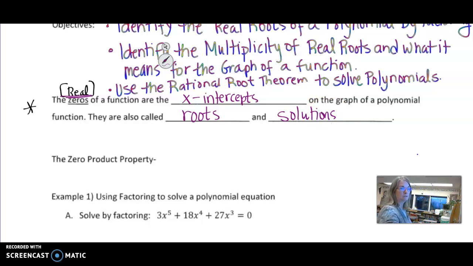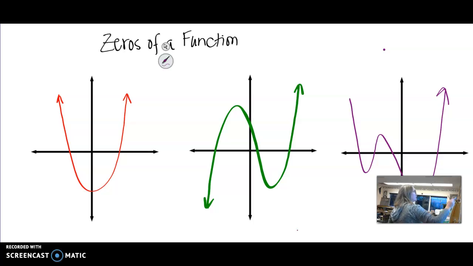Alright, so I want to show you a couple of graphs here. In the first graph, the red graph looks like a parabola, which is a quadratic function, x squared. In this particular graph, we see that there are two zeros, two x-intercepts. If you think about what the y-coordinate would be, here's your x-axis and your y-axis.